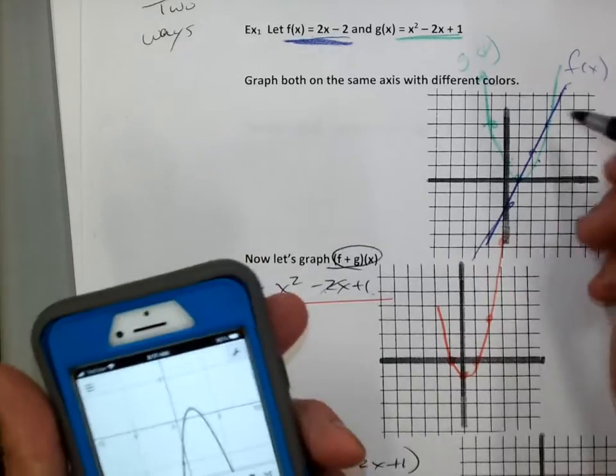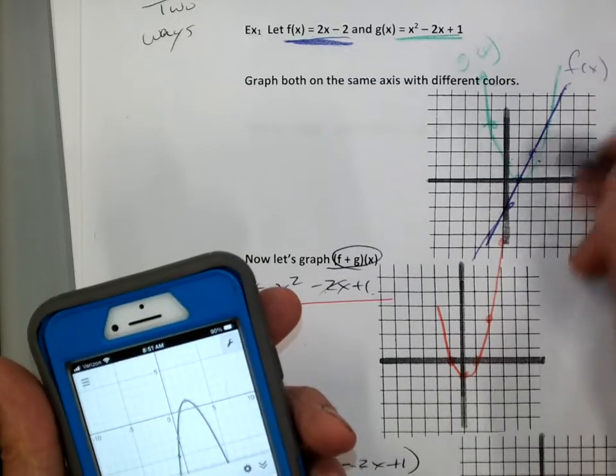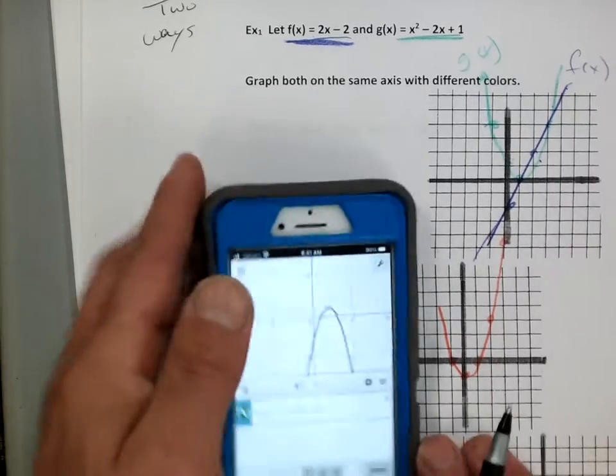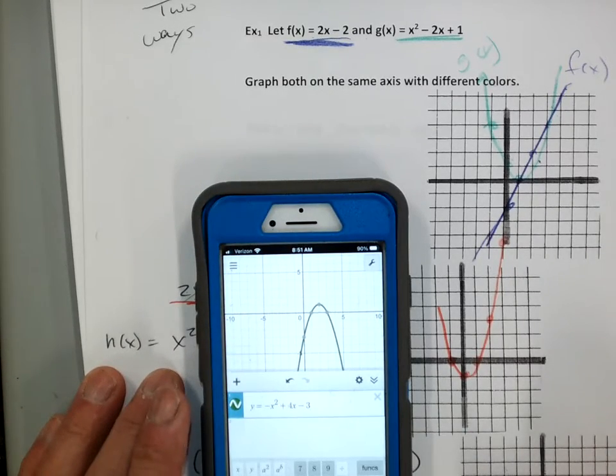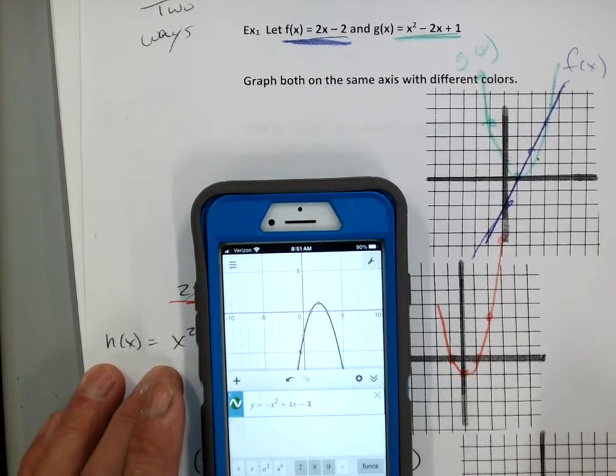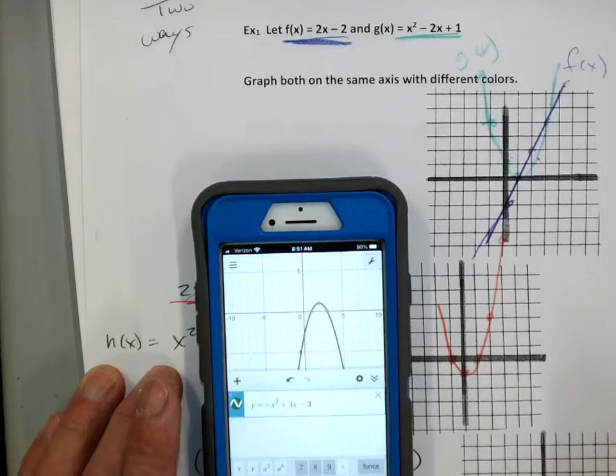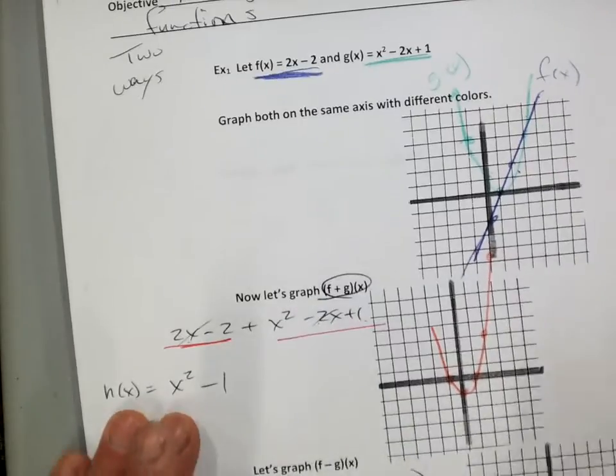So if I were to subtract this equation from this one, it turns out to look like this one in green. So my solution would be 2, 1, down to negative 3, 1, 2, 3. Of course, and then it looks like that. Okay, not bad. Let's turn the page.